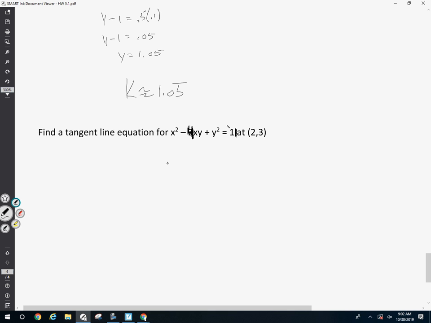Just double check. 4 minus 8 times 3 plus 9. Good. Okay. So change the equation, please.